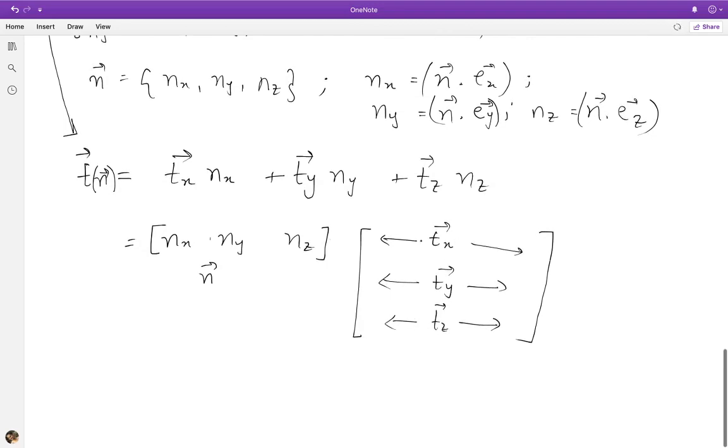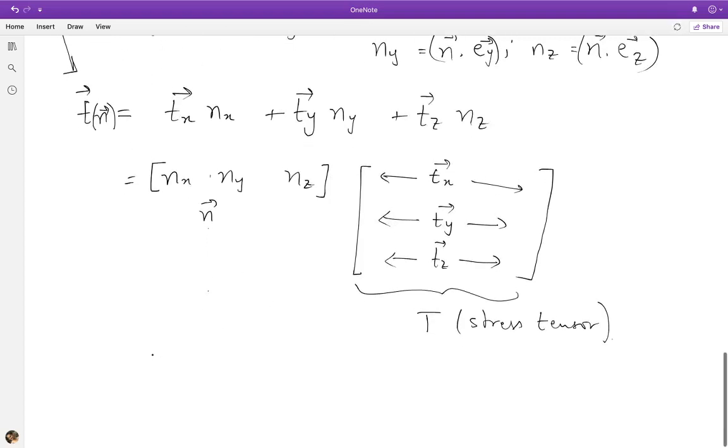So what is this quantity now? This will be a 3 cross 3 matrix, and that's what we call a tensor. We name this tensor capital T. This is the stress tensor, and this n is of course the unit normal.